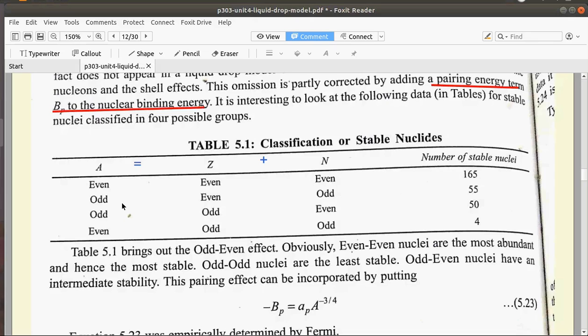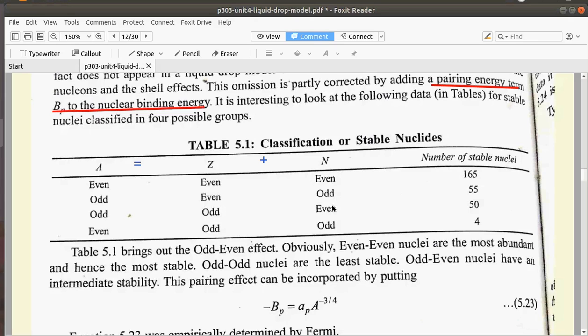Okay, now another thing, if A is odd, so let us say 235, uranium 235, now Z is even. For uranium 235 the number of protons is 92, so it is even.